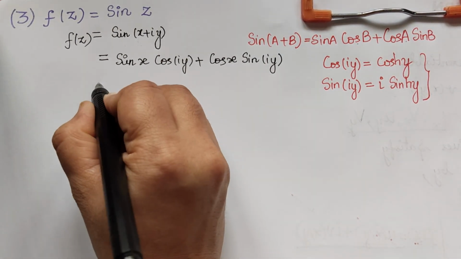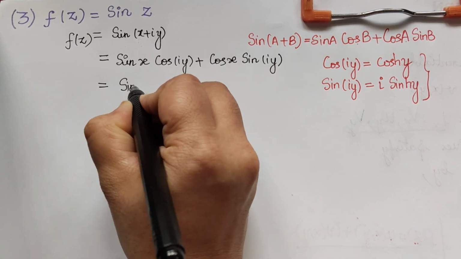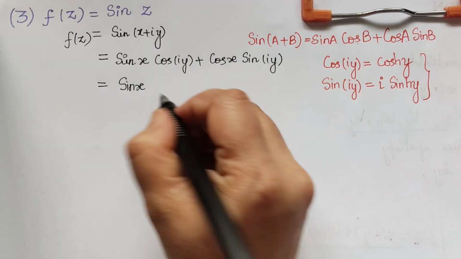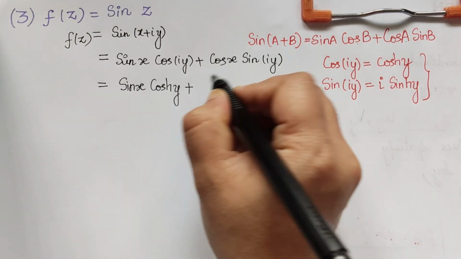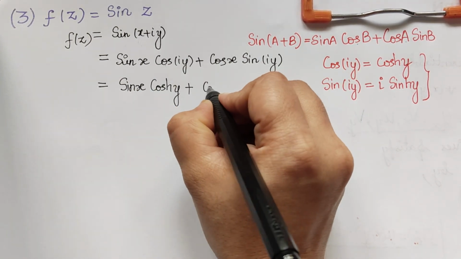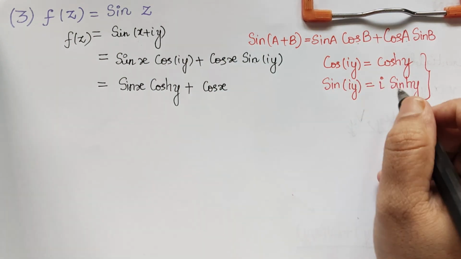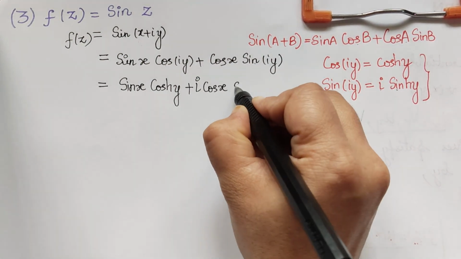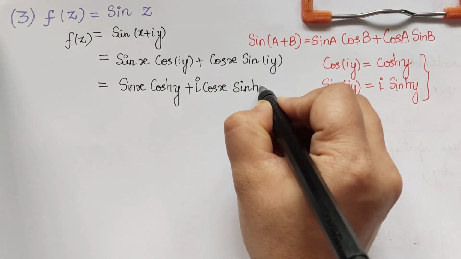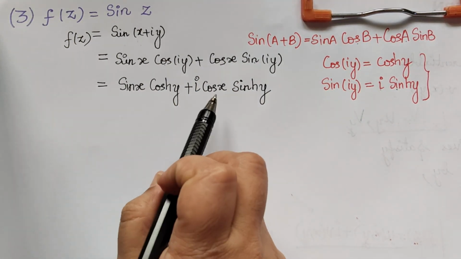So this will be equal to sin x multiplied with cos iy, which is cosh y, plus cos x will come as it is, sin iy is i sinh y. So that I am writing here, and sinh y. So this is our f of z now.